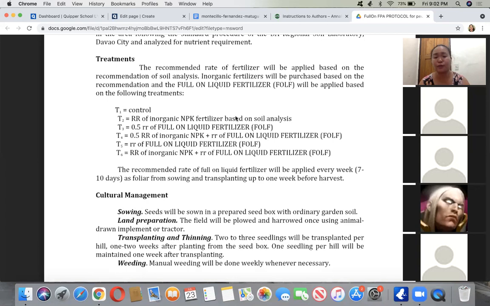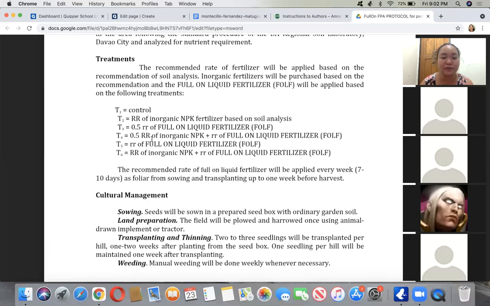Halimbawa, gagamit ka ng 14-14-14, or pwede rin ammosul, ammophos. Depende sa anong isasabihin ng soil analysis, no? I have a sample analysis I will show you next time. Treatment 3 is half ng recommended rate ng full-on na fertilizer.